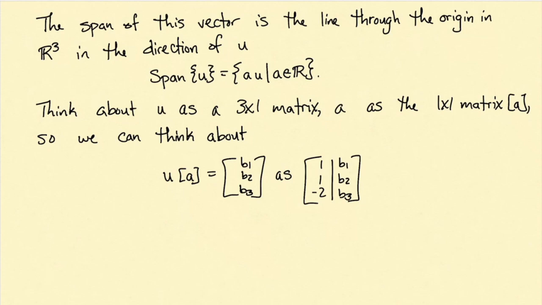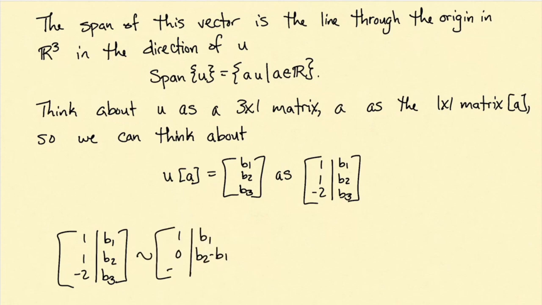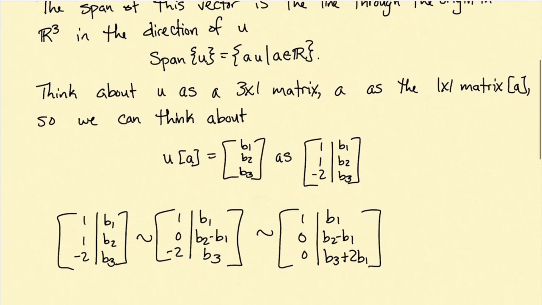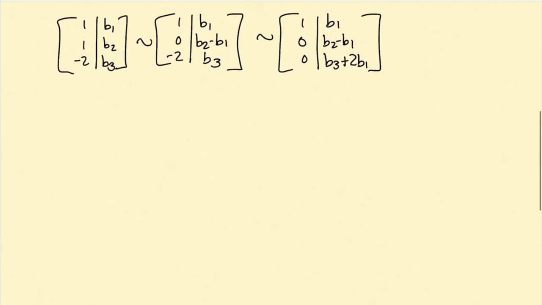We can very easily row reduce this matrix. We can subtract the first row from the second row. Then we can add twice the first row to the third row. And we can see here we have an augmented matrix in reduced row echelon form.